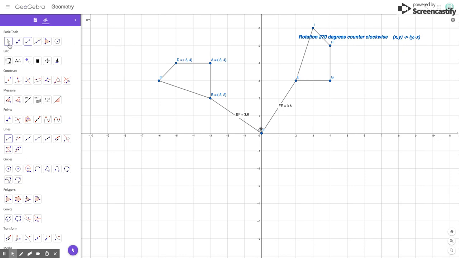And rotations are a little harder to visualize as an entire shape. That's why I suggest, let me delete this, to do a point at a time and envision a rectangle for each point rotating. So I can show you with, let's say, point C. Let's look at a rectangle for point C. If I make a rectangle with the x and y axis and think about how that rectangle rotated, it's a rectangle that goes 6 by 3, and I need to push it into this quadrant, and it's going to be 3 by 6.